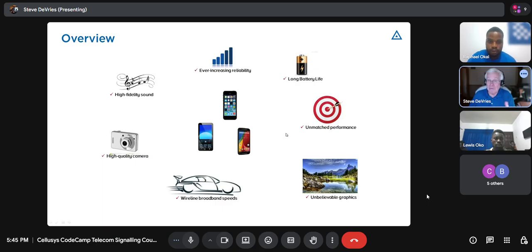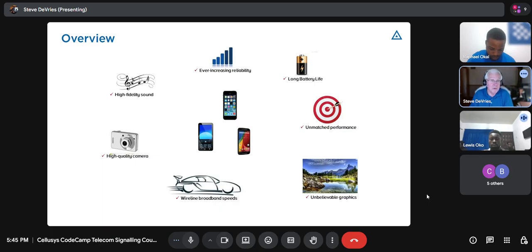So this is the mobile phone. It wasn't all that many years ago. Back in the late 1980s, even into the early 1990s, it was basically a device for voice. It was a convenience. I remember when I first got my mobile phone back in 1988. It was amazing that you could actually move around and talk on the phone and drive in your car and talk on the phone.